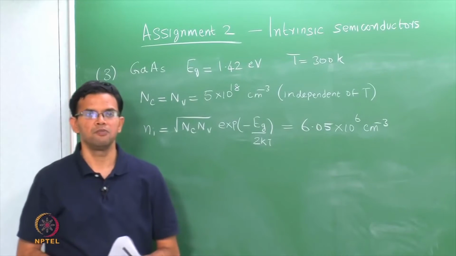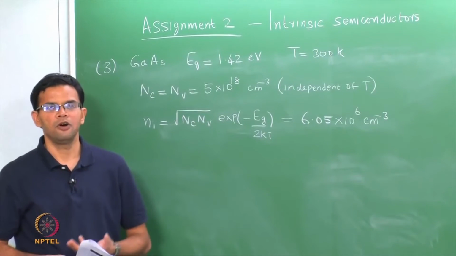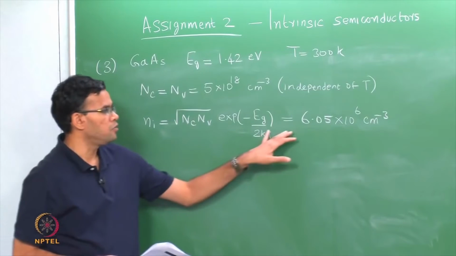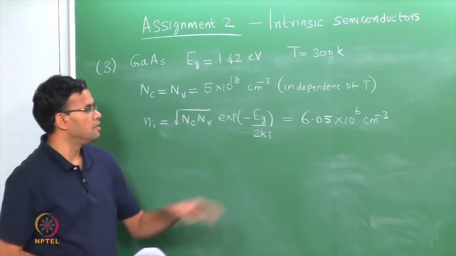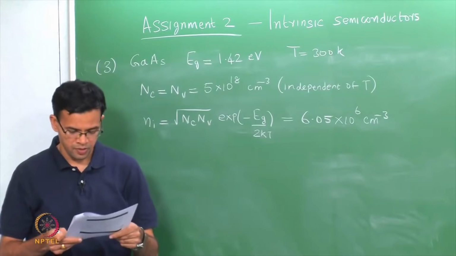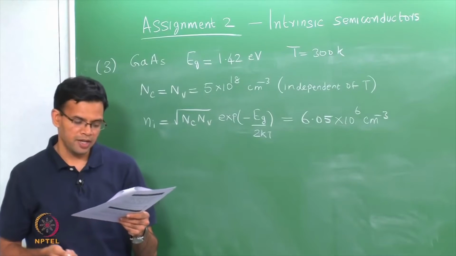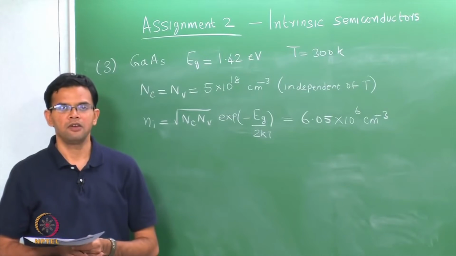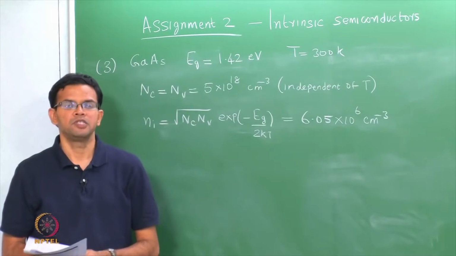Ni is a pretty small number. For comparison, silicon has a value of Ni of 10 to the 10. So, 4 orders of magnitude higher, but this is because gallium arsenide has a higher band gap. So, the next part of the question says explain numerically how the carrier concentration can be doubled without adding dopants.